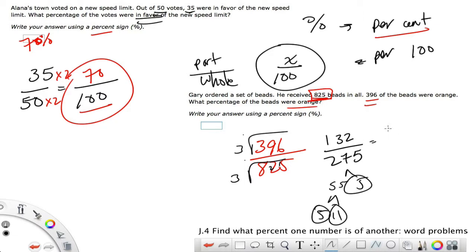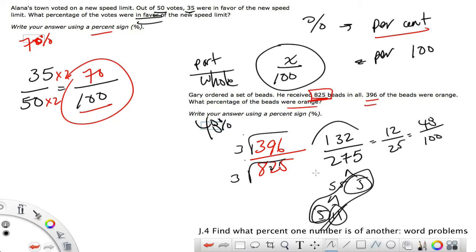In this case, this is going to be 12 times 11 to get 132. And it'll be 25 on the bottom because I just divide out this 11, and everything that's left is 5 times 5. Well now, 12 out of 25, we can make that into 100 by multiplying by 4 and get 48. 48%.